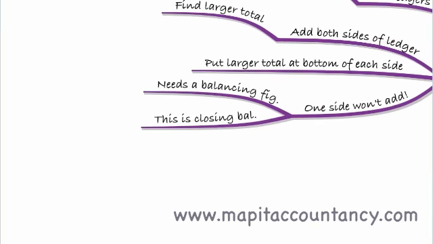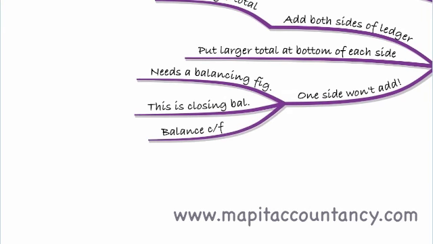That is the closing balance that we're looking for, and we're going to call it the balance carried forward. So let's do that for our cash account. We've already got the larger total at the bottom of each side. One side now isn't going to add up. We need the balancing figure to find out how to get it to add up, and that's the closing balance that we're looking for.